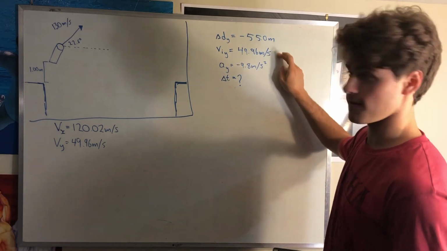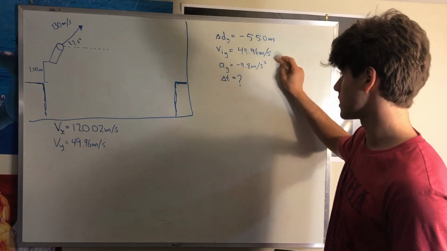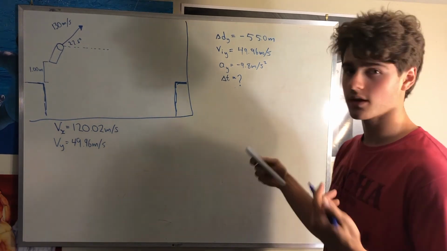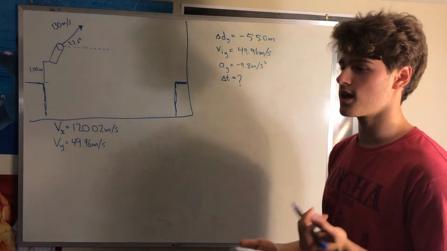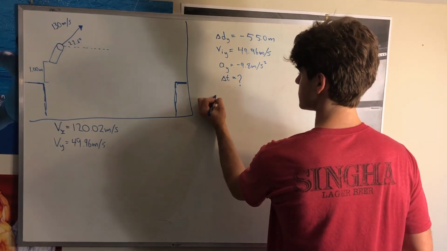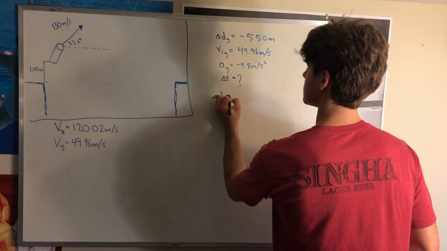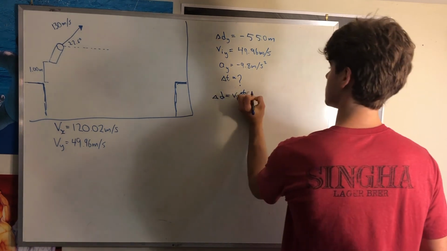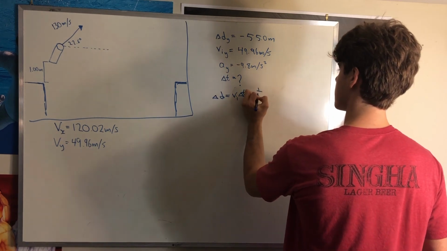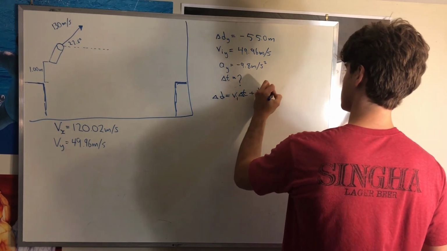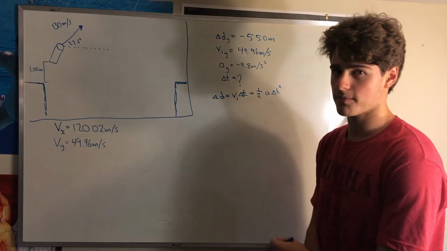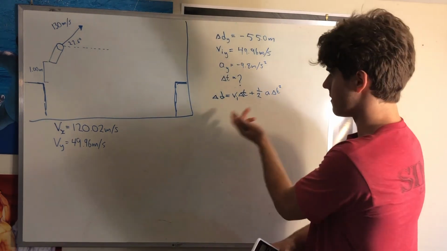Okay, we still have the same initial velocity along the y-axis. We still have the same acceleration. Now we just need to solve for the time. So we have to pick the correct kinematic equation, which is going to be delta D equals VI delta T plus half of A delta T squared. This looks messy, but hopefully you've all seen this before.